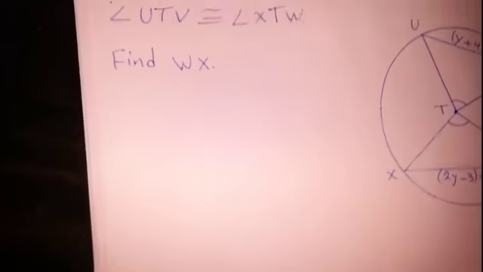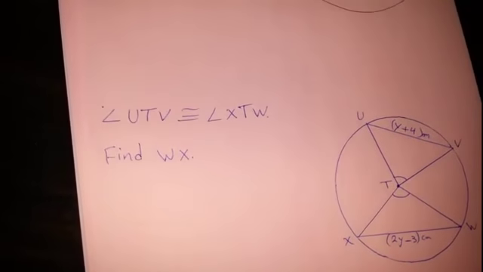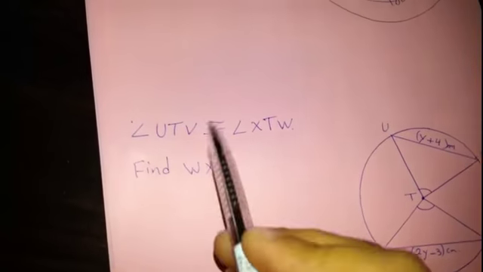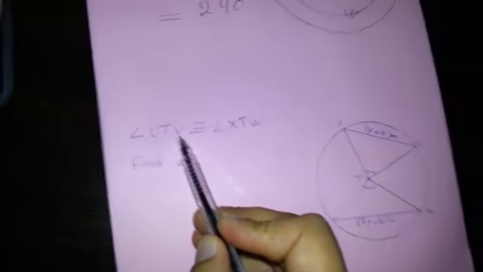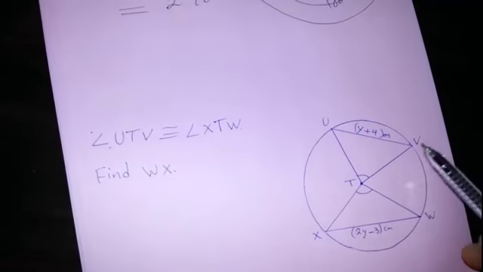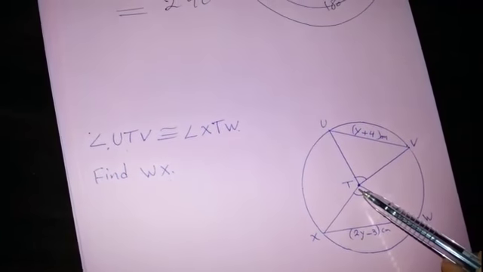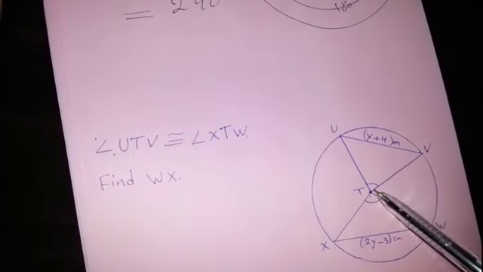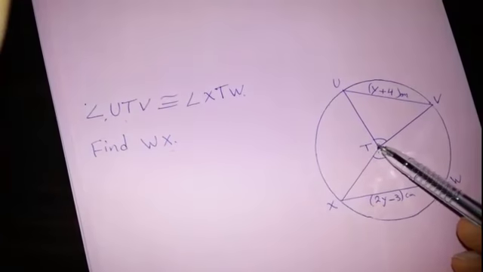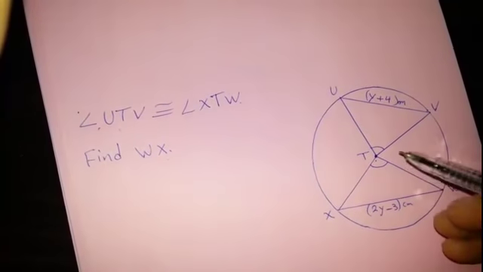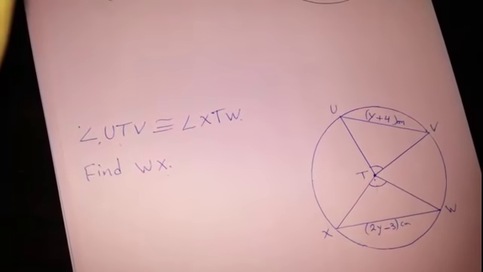Look here. Also, we need to find WX here. What do we have? He said angle UTV, this one, which has this sign, is congruent to angle XTW, this one, and we can see that they have the same sign.